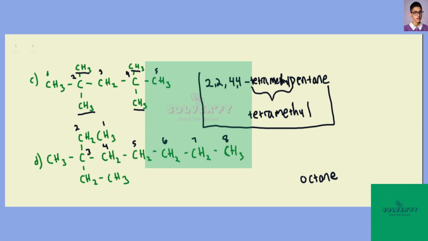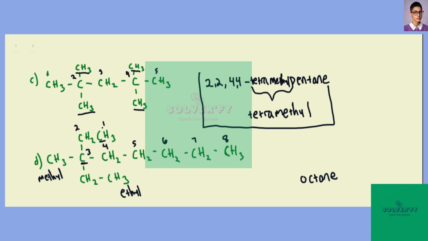And now we have to look at the substituents starting from this first carbon group. So 1, 2, 3. At our third carbon, we have 2 groups that have branched off. We have an ethyl group over here, and we have a methyl group over here.